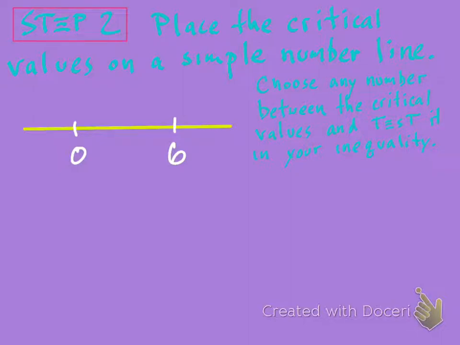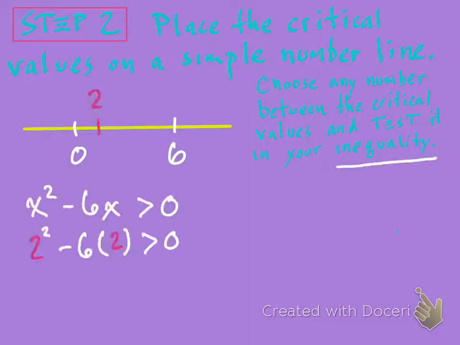same kind of result. So let's say we pick 2, and we'll take positive 2, and we'll replace the x in our inequality with positive 2. So we had x squared minus 6x greater than 0, so you replace the x with 2, and what you end up with by working that out is -8 greater than 0. Well, that's not true. -8 is not greater than 0.